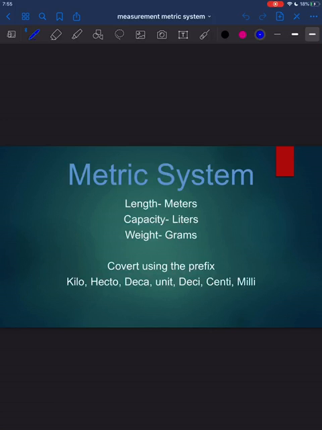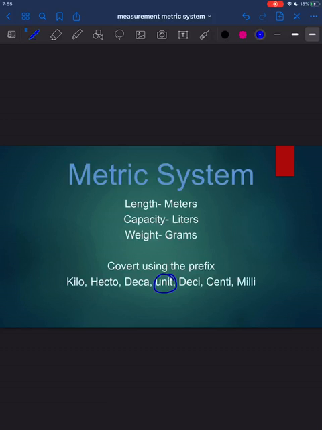The metric system is a little bit easier because the measurement system goes by 10, kind of like our number system. Length is measured by meters, capacity by liters, and weight by grams as the base unit, which starts right here.